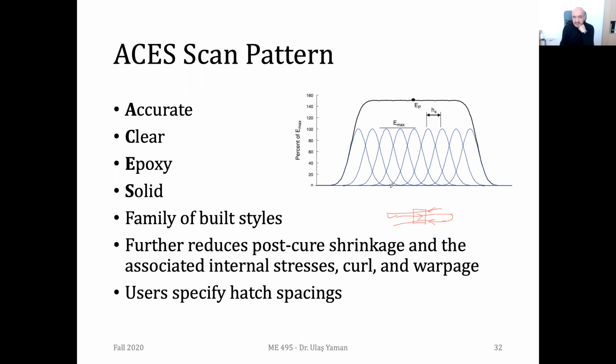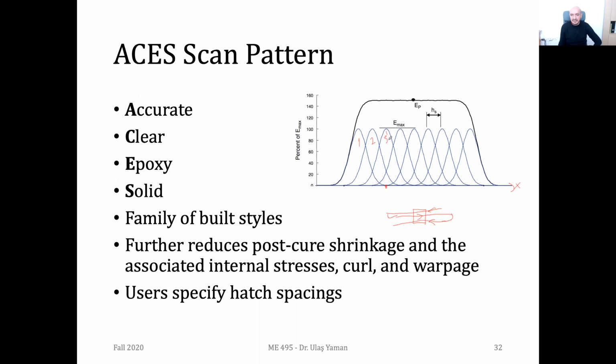Let's focus on this point. Assume that we are here. This is, let's say, the x-axis. And on y, you see the exposure values. Let's see what happens in each pass. This is the first pass, second pass, the third pass.